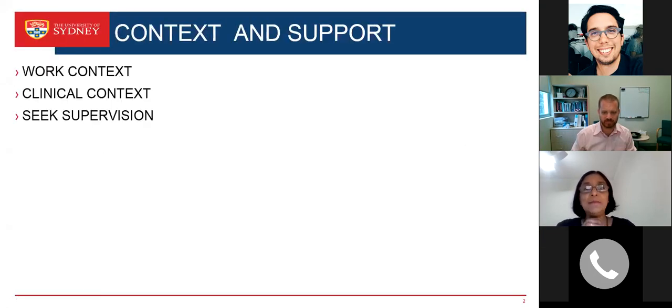The first of the 3 points that I wanted to make is that when we think about clinical record keeping, it isn't one size fits all. It really will depend on our work context, and by work I mean the organisation that we work for, because there will be organisational parameters that guide what we write, who the record belongs to, how the record will be used, etc. So we do need to keep that in mind.